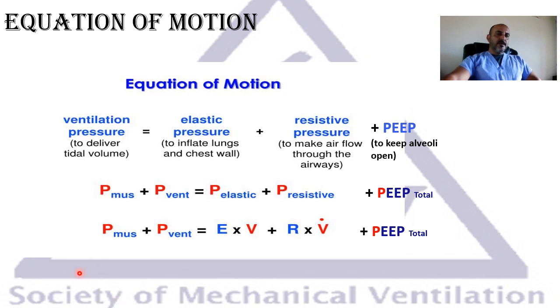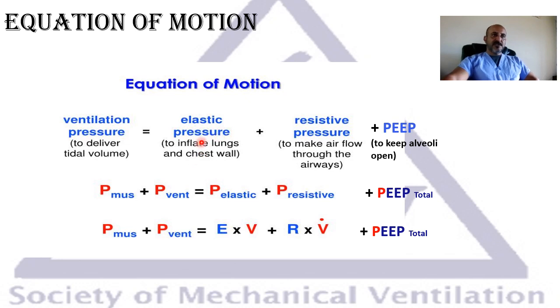Before we talk about mechanical power and energy, we have to first touch base on the equation of motion. We all know the equation of motion, which describes the pressure, or the work basically, taken to move the tidal volume to the lungs. So the ventilation pressure has to overcome the elastic pressure, which is to inflate both the lungs and the chest wall.